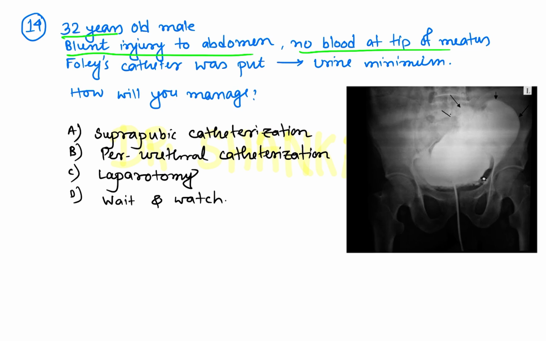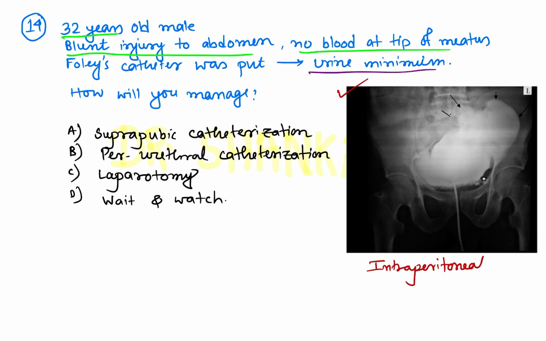So there was minimum urine collection following Foley's catheterization, and the patient had history of blunt injury to abdomen, but on examination no blood at the tip of meatus was found. So how will you manage? After seeing this image, the probable diagnosis is intraperitoneal rupture of bladder.